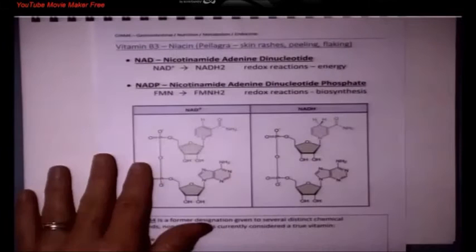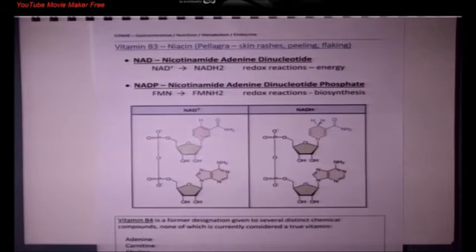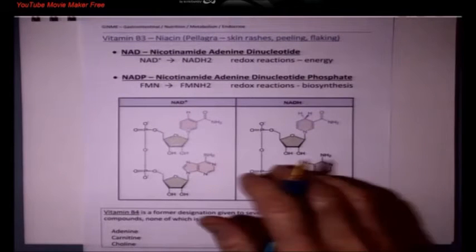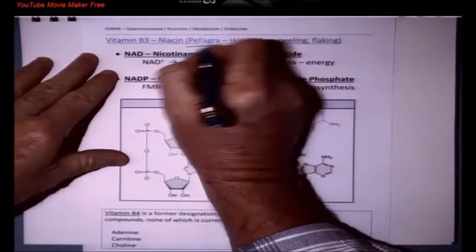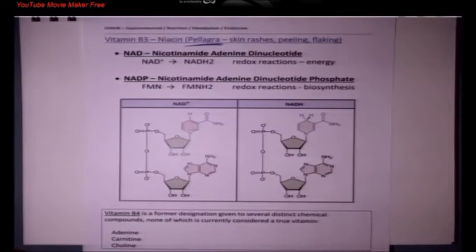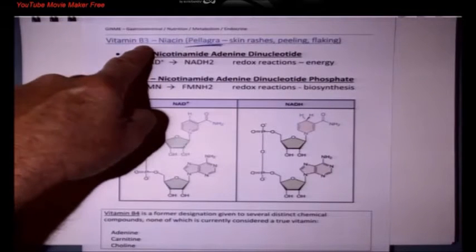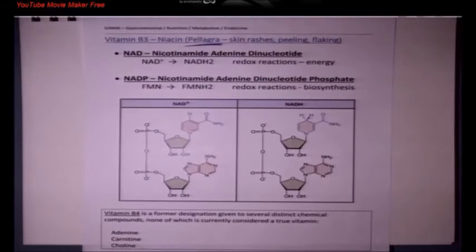Now vitamin B3. B3 is niacin, nicotinic acid. The disease associated with this is pellagra. Now again, connecting pellagra with niacin and B3 is critical for the Step 1. I'm sure you've seen that on First Aid.